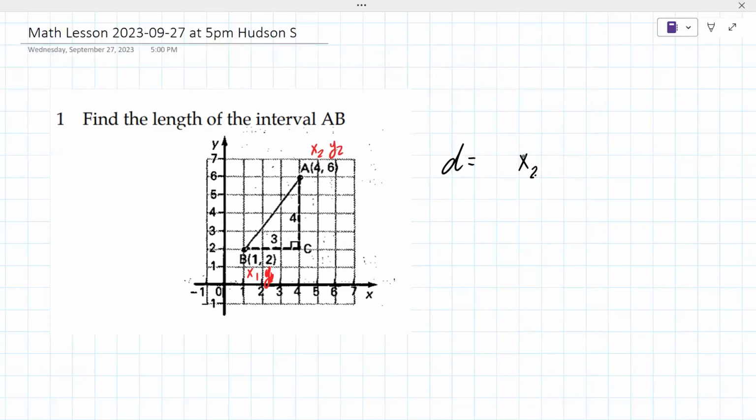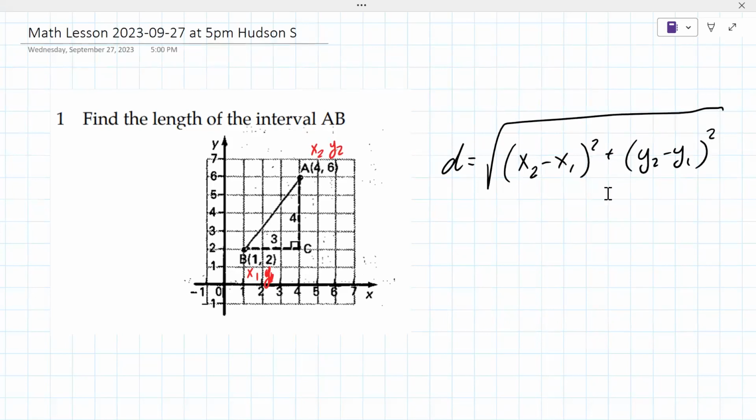So we've got x2 minus x1 squared plus y2 minus y1 squared, square rooted. I may have written it where the y term came first the previous time we did. It doesn't matter because you're adding. So give that a try, please. All right.